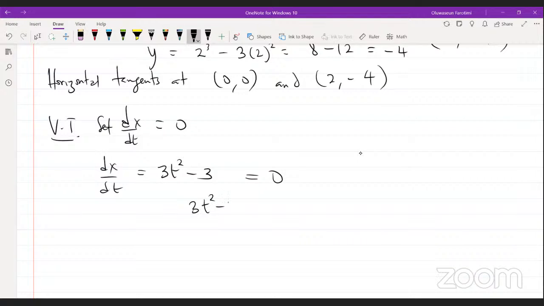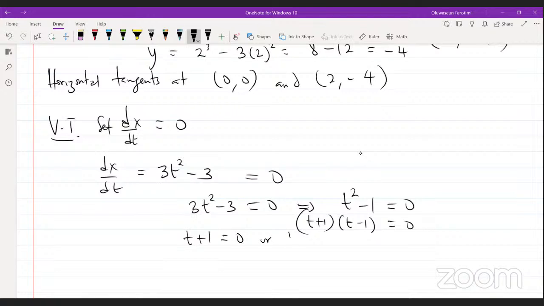I do have t squared minus 1 equals 0. Amazing. So now this is a difference of squares, you can factor it. When this happens, guys, how do we handle it? Say t plus 1 equals 0, or t minus 1 equals 0. So that means my t is negative 1, or my t is 1.